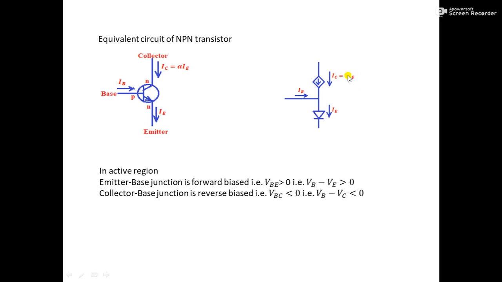Alpha is a constant which is very nearly equal to 1. So, IC is very nearly equal to IE, as the recombination is very less at the base region. And this is the equivalent circuit of an NPN transistor.